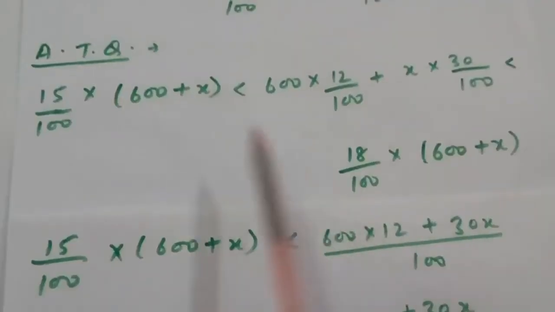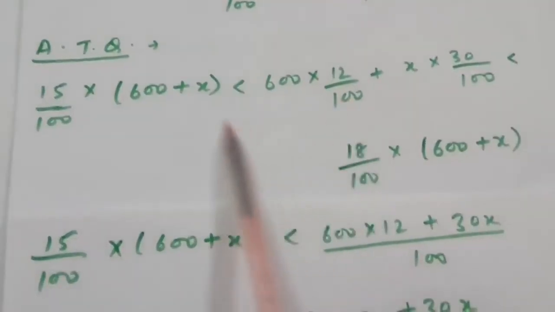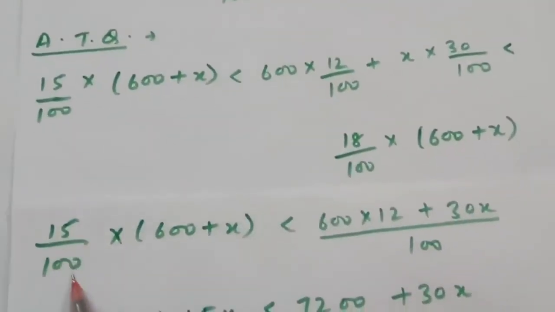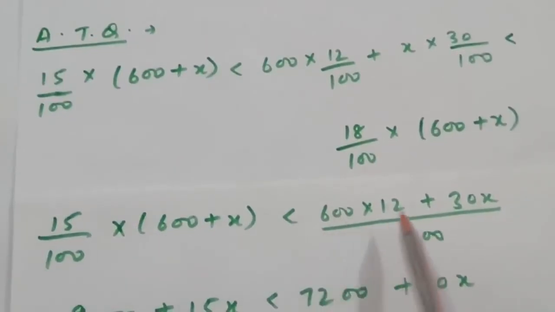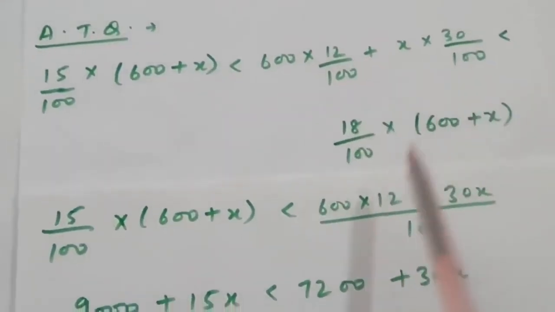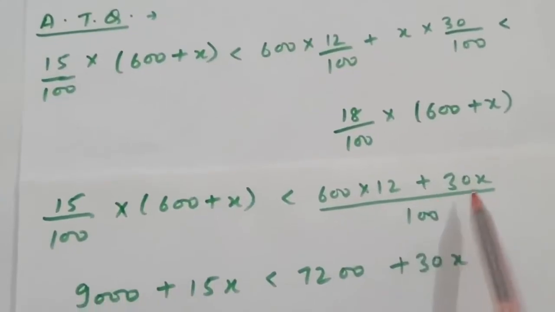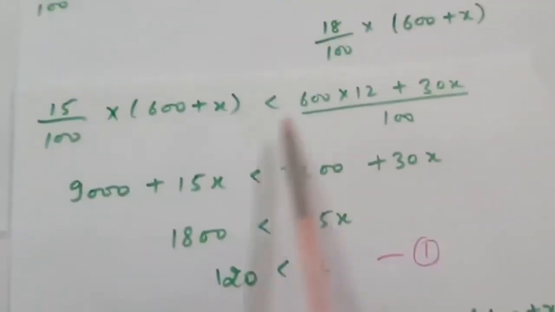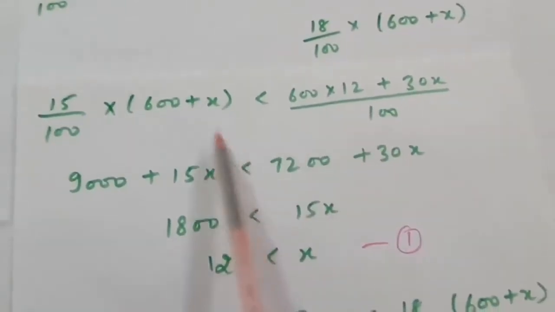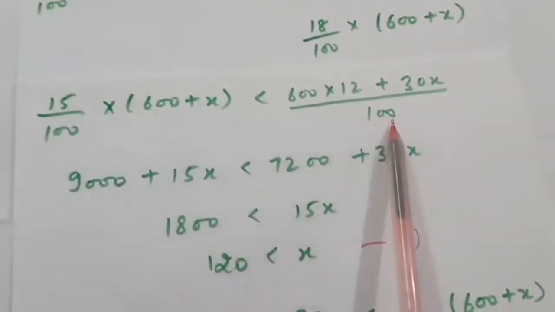Now first of all we will take this part. So 15 upon 100 into (600 plus X) is less than, we have taken LCM here, 100, so (600 into 12 plus 30X). Now solving, first of all multiplying both the sides by 100, so 100 in the denominator will get cancelled.